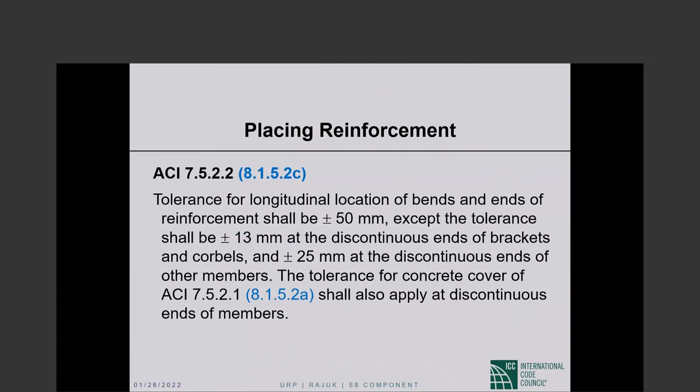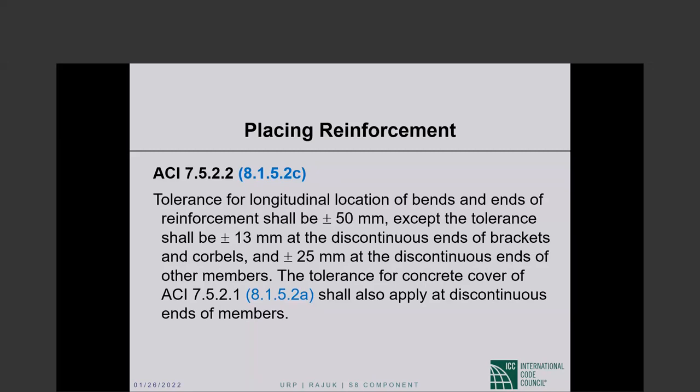So tolerances for longitudinal location of bends and ends of reinforcement. Tolerance for longitudinal location of bends and ends of reinforcement shall be plus minus 2 inches, plus minus 50 millimeters, except the tolerance shall be plus minus 13 millimeters at the discontinuous ends of brackets and corbels, and plus minus 25 at the discontinuous ends of other members.